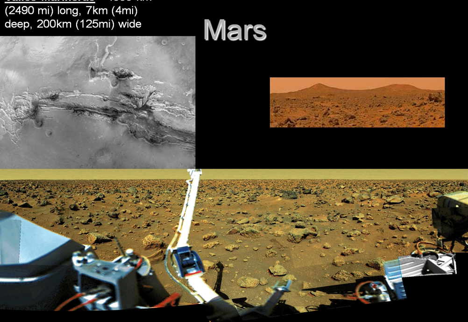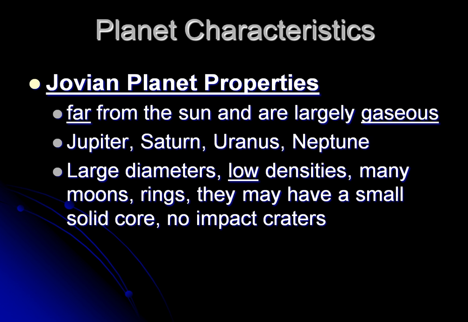It is almost 2,500 miles long, 4 miles deep, and 125 miles wide. If we put it in the United States, it would stretch from west coast to east coast. It's much deeper, wider, broader, and longer than the Grand Canyon, but formed much the same way, possibly by running water, and definitely from tectonics as well.